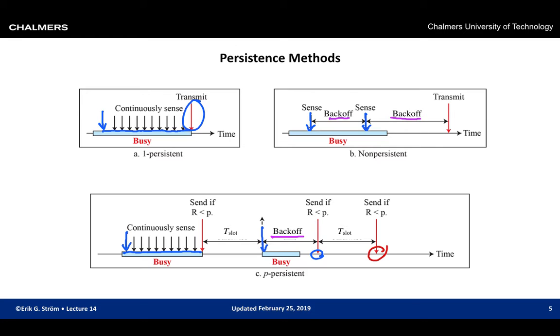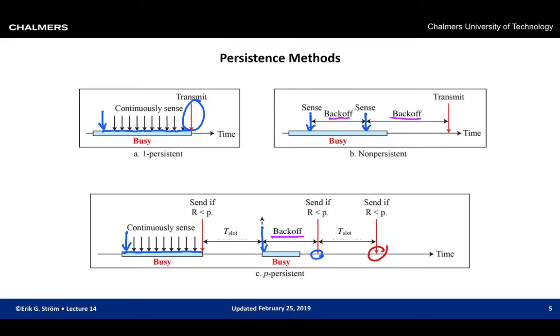If the hardware supports listening to the channel at the same time as you transmit, we can detect a collision in progress and abort the transmission, because we know it's useless to continue; the message would be garbled anyway, and we don't have to wait for the timeout to figure this out. It's a faster recovery, and we can limit the length of the collision to a shorter period than the frame duration.